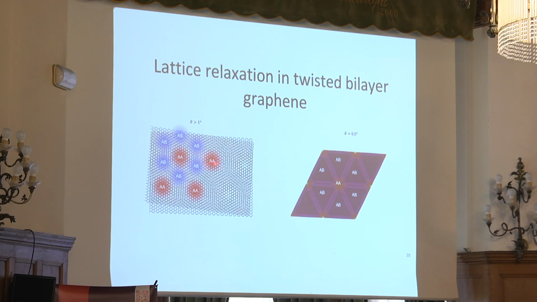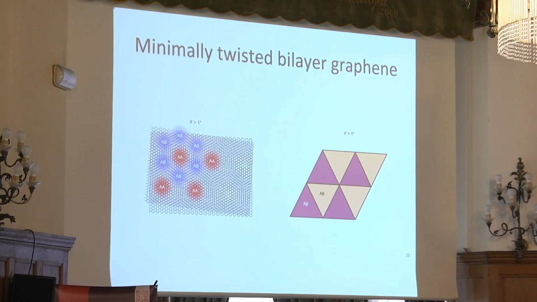So AA basically means the atoms are on top of each other, and AB means the atoms are not on top of each other. You can imagine that energetically, the system wants to be more in AB, right? So for small angle, this happens. For larger angle, this doesn't happen because it periodically varies so rapidly that it will cost the system too much energy to reconstruct. So you get these triangles.